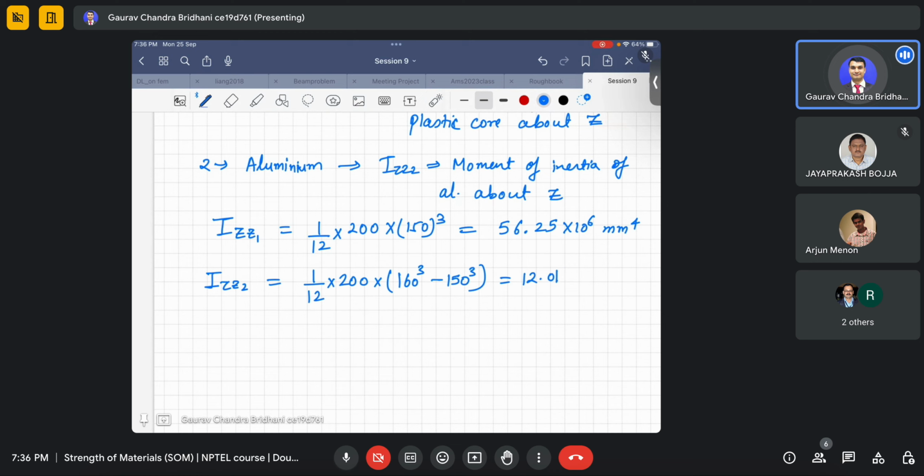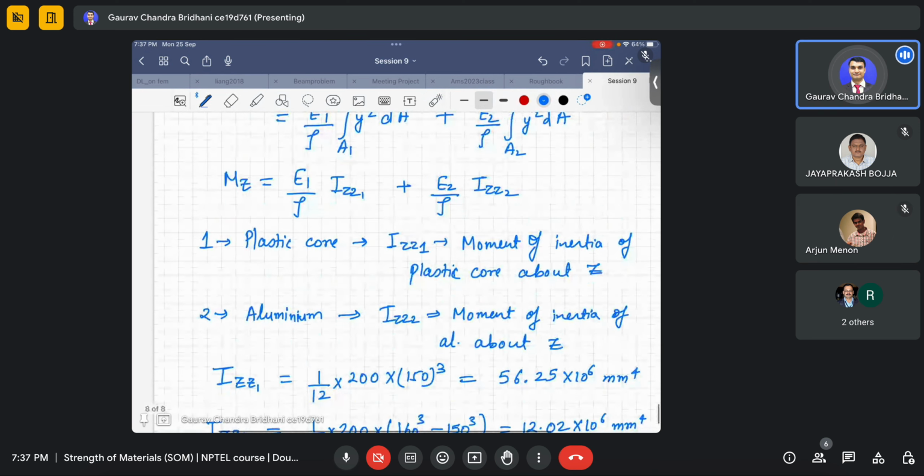After that also some significant quantity is there, 10 to the power 6. Okay, so this will be our IZZ2.